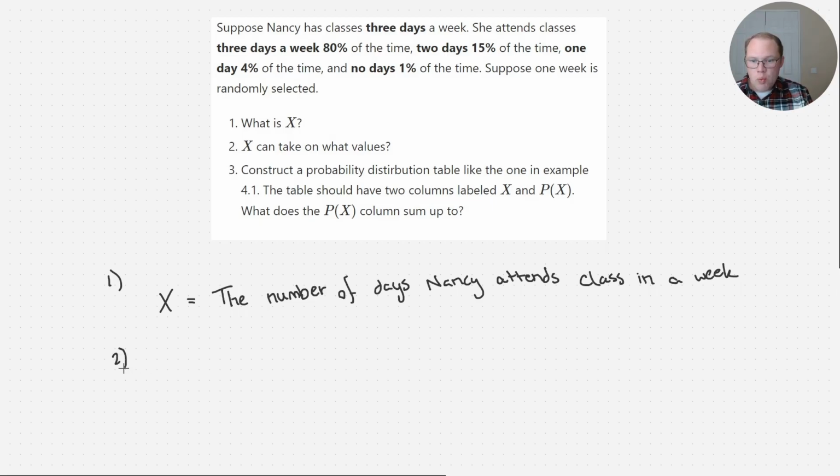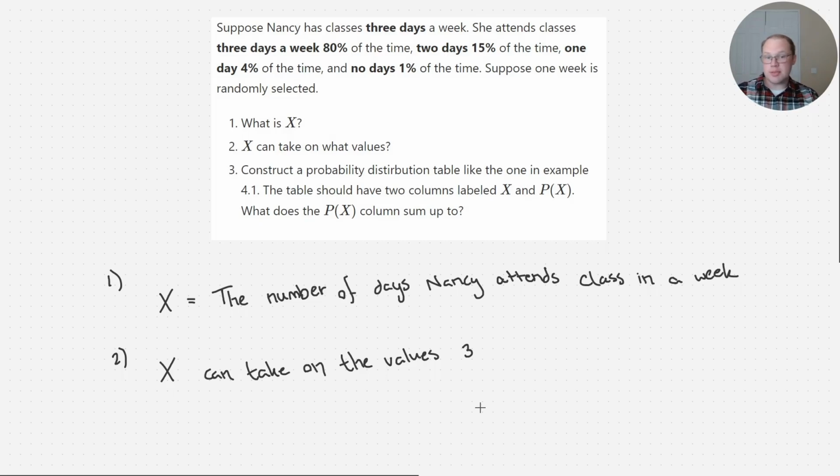Number 2, what values can x take on? So what's possible here? What are the number of days that Nancy can attend a week? Well, the biggest is 3, right? She only has classes 3 days a week, so at most she could attend all 3 days.